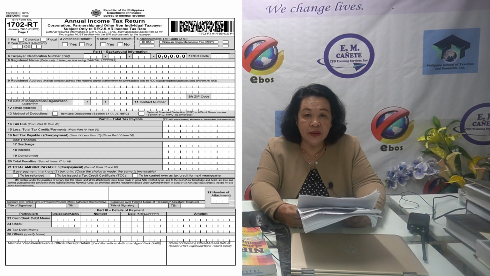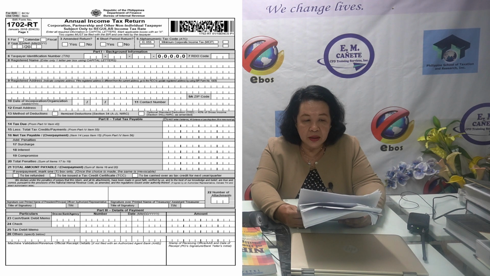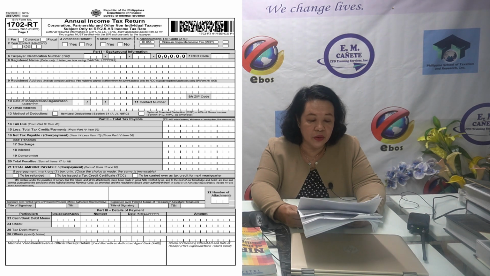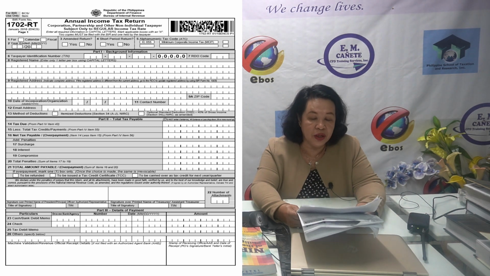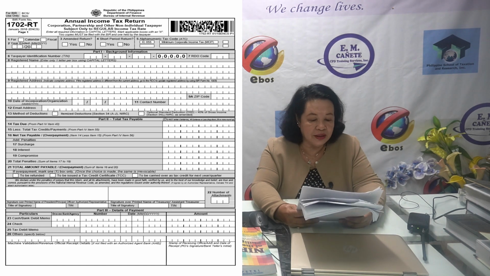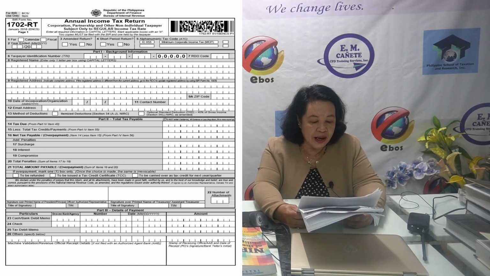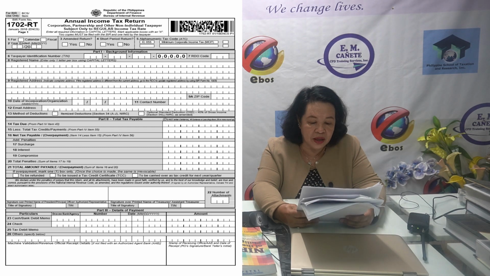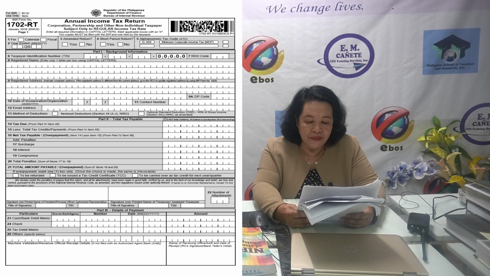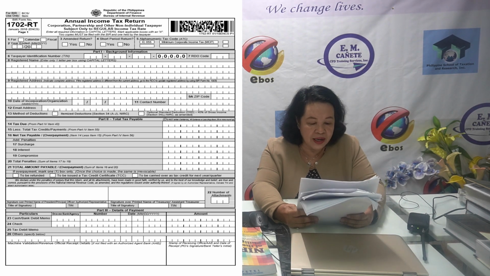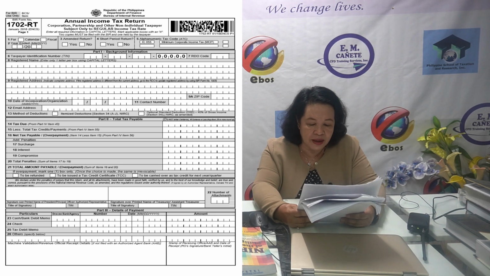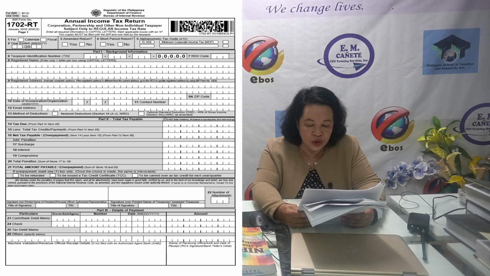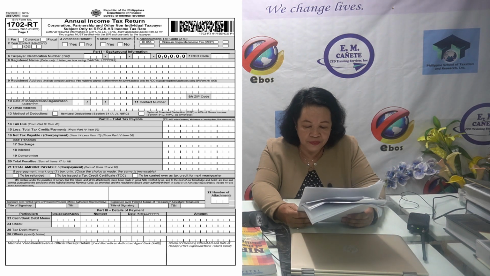Take note also that this income tax return 1702 is under the penalty of perjury when you sign it. And what does it say here? We declare under the penalties of perjury that the return and all its attachments have been made in good faith, verified by us, and to the best of our knowledge and belief are true and correct, pursuant to the provisions of the National Internal Revenue Code as amended and the regulations issued under authority thereof.